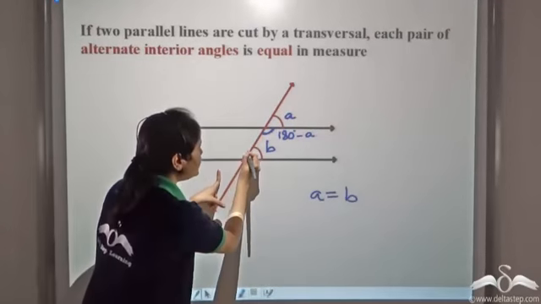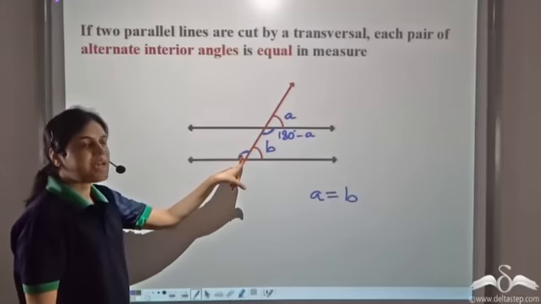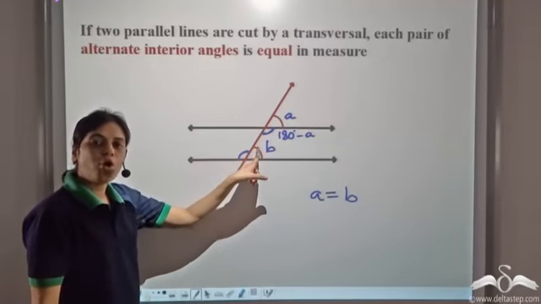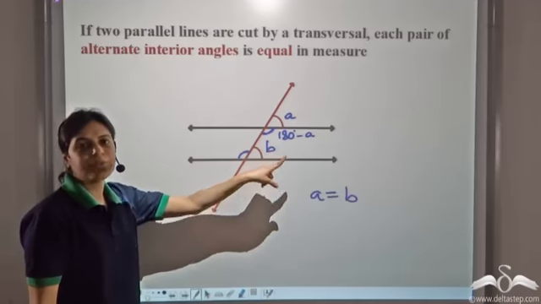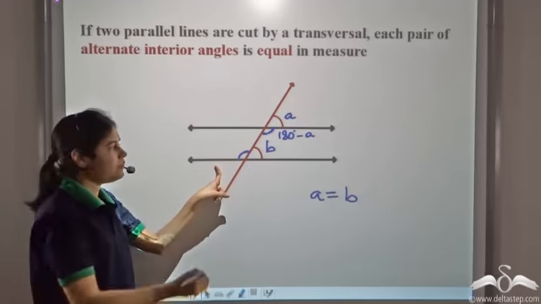What about this angle? This angle and angle B also form a linear pair of angles because they lie on a straight line.